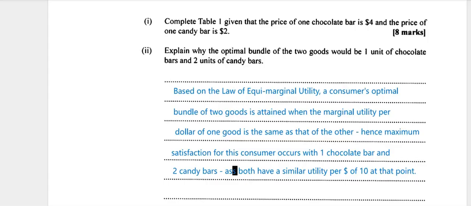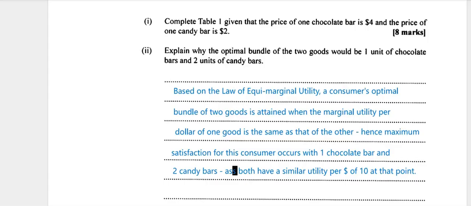Hence, in this case, the maximum satisfaction for this consumer occurs with one chocolate bar and 2 candy bars because both of them have the same marginal utility per dollar of 10.